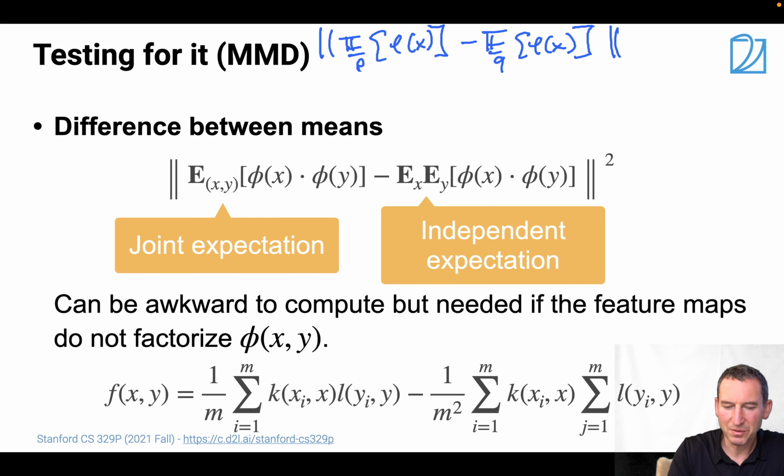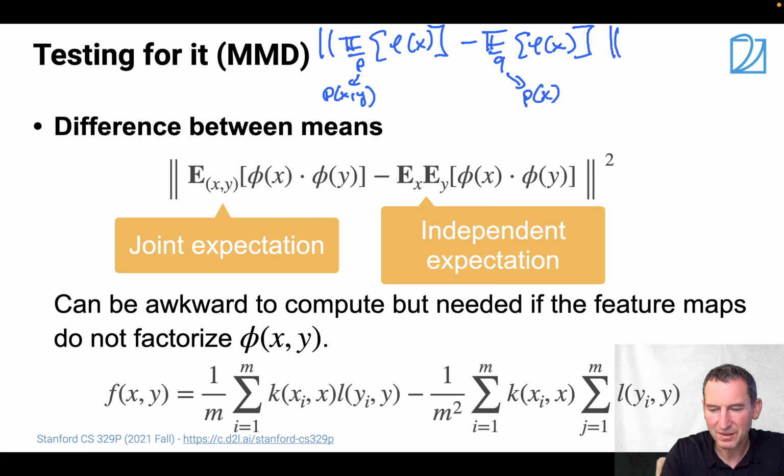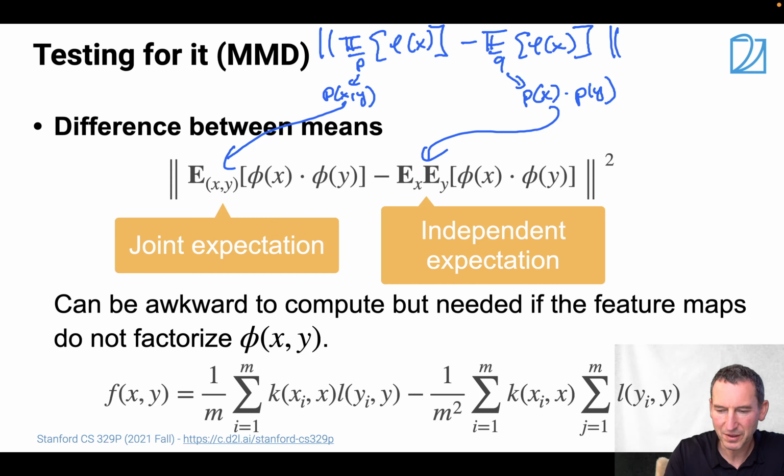So now what I'm going to do is I'm going to use as my p expectation term one that looks like p of x and y, as my q expectation term one that looks like p of x times p of y. So basically this is the factorizing term. I'm going to plug this in here, which is exactly what we have, right?